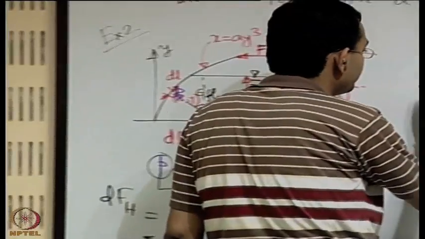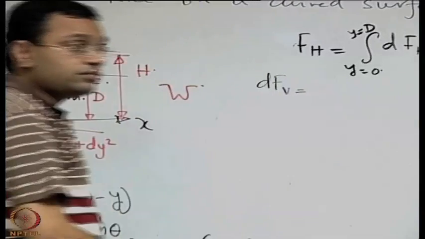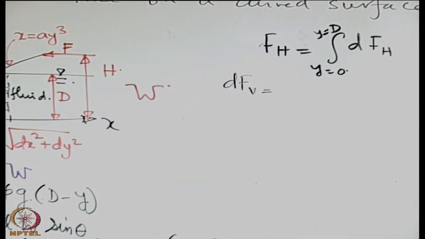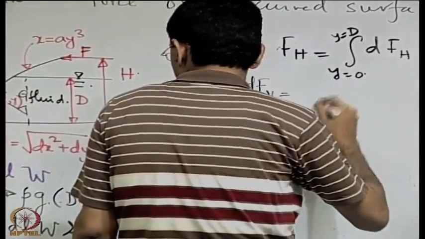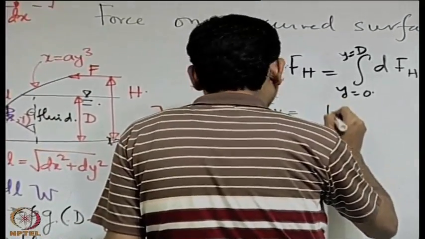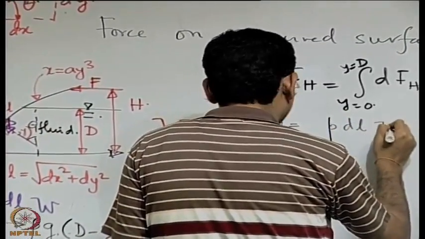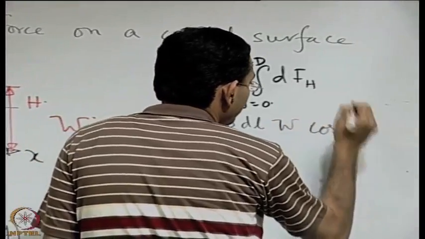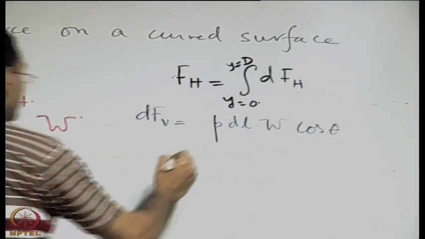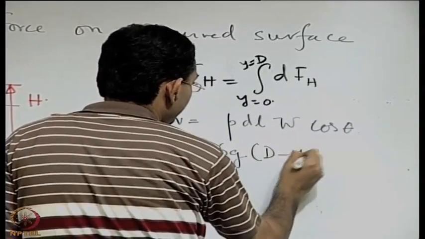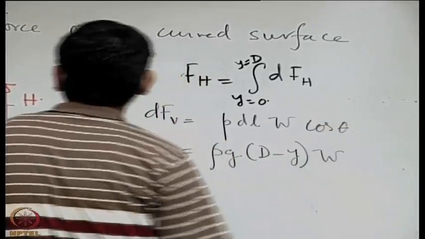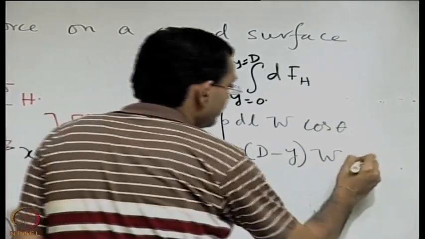So dFv, what should be the vertical component of the force? So it is P dl w cos theta. So rho g (D minus y) into w, what is dl cos theta? dx.